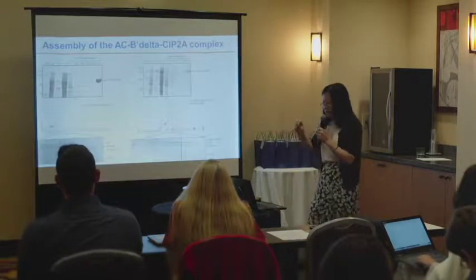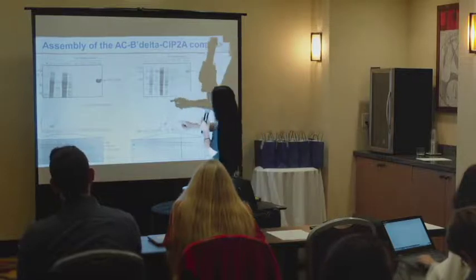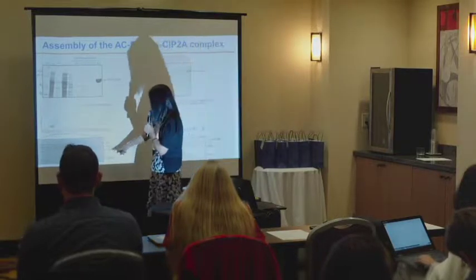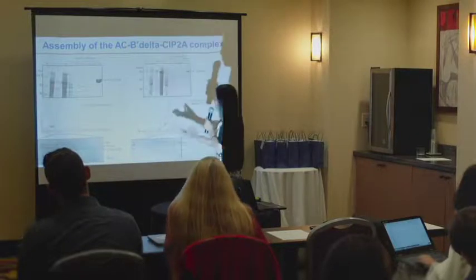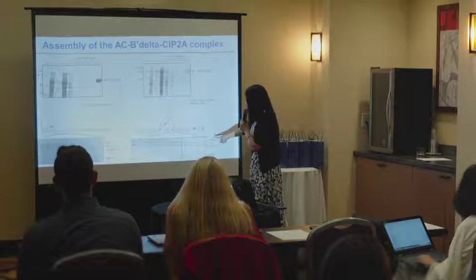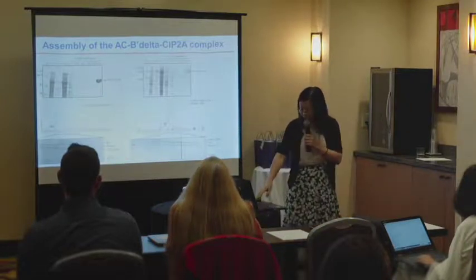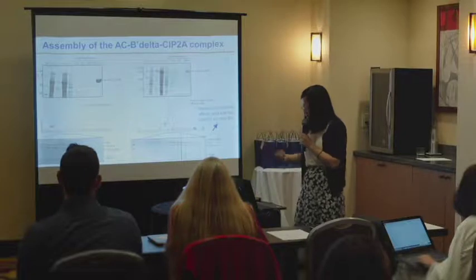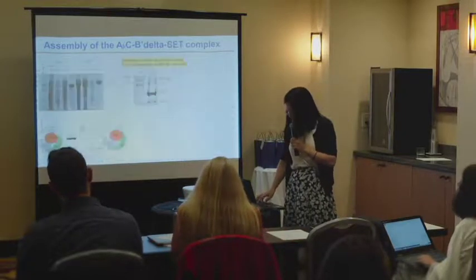For CIP2A, for example, we made different constructs, and this shorter construct interacts poorly with the B prime delta holoenzyme, but this longer construct works really well. So we will measure the binding affinity and test the particle by cryo-EM.